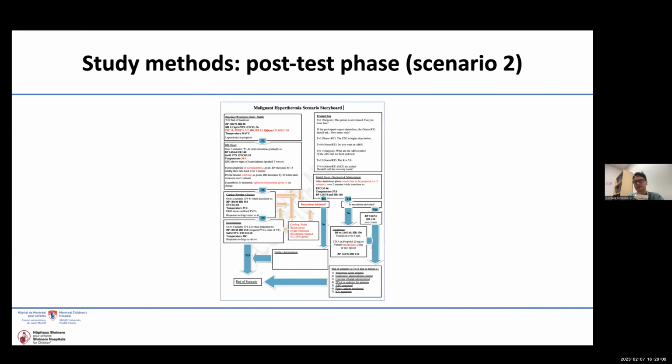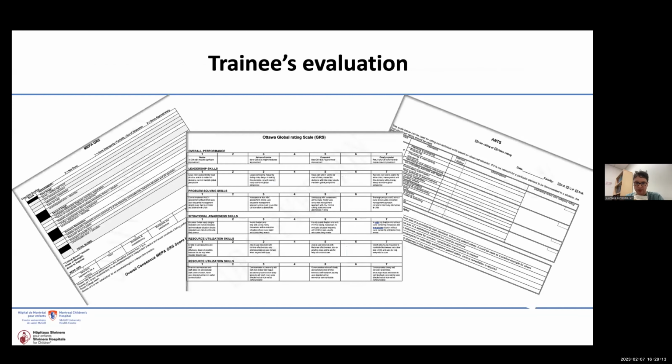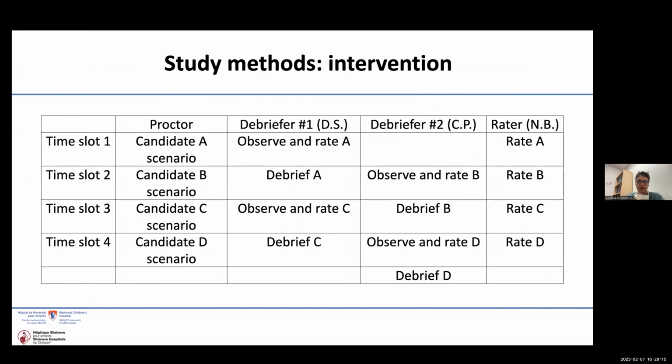Then in the post-test phase, they're going to do this different scenario and be evaluated again. Then here I'm just reproducing the way we're going to try to optimize time, so that we can have debriefers that alternate while the rater evaluates each candidate.